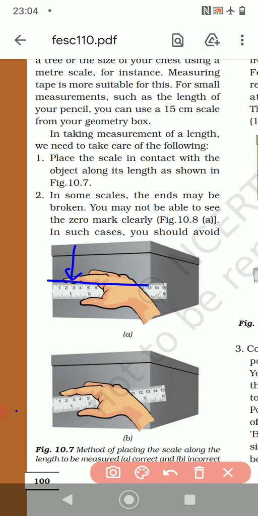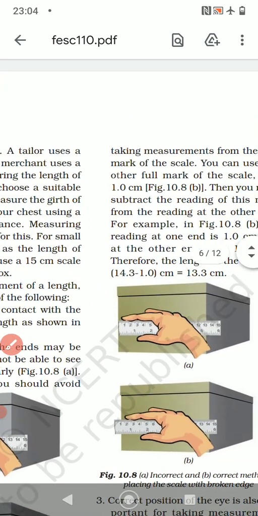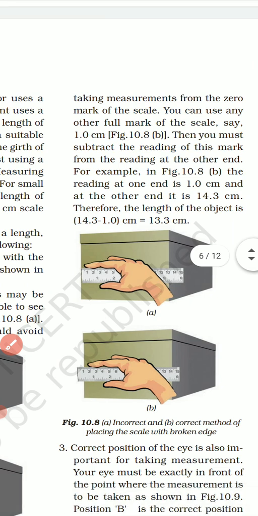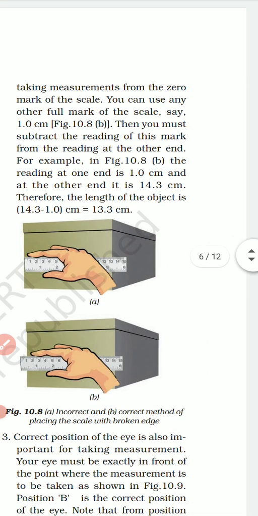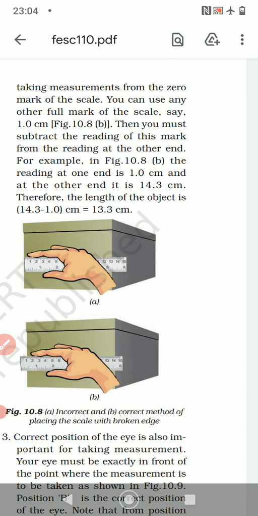Okay. In some scales, the zero mark is missing. Okay, the ends are broken. So you may not be able to see the zero mark clearly. In such cases, you should avoid taking measurement from the zero mark of the scale.